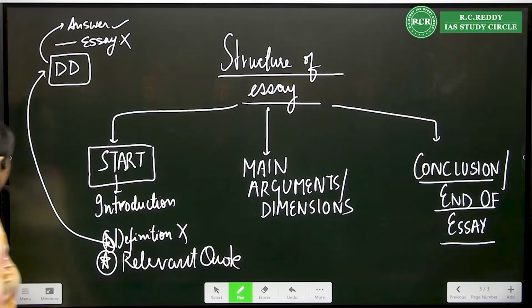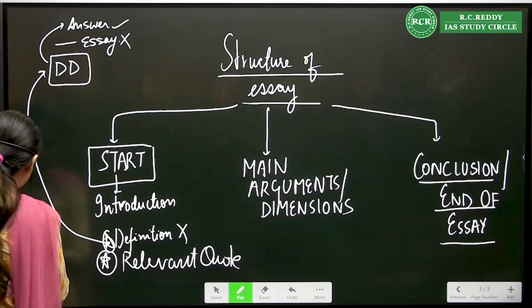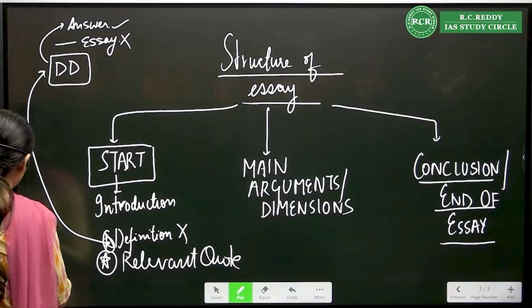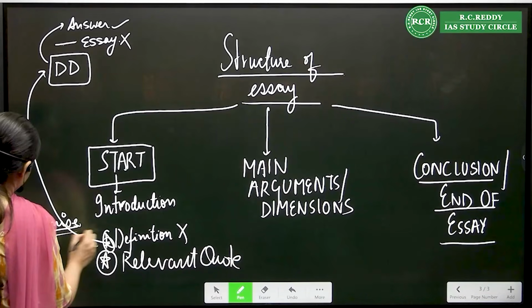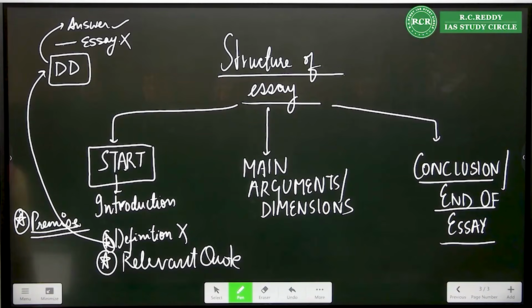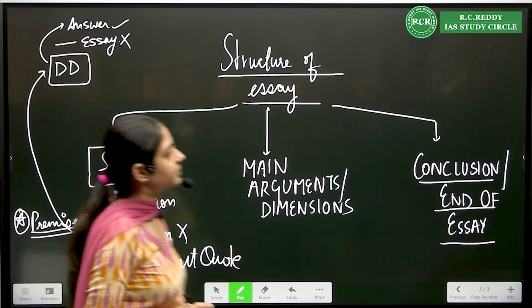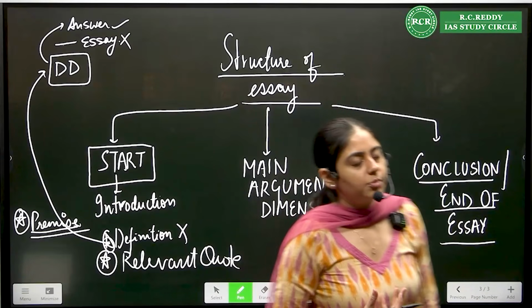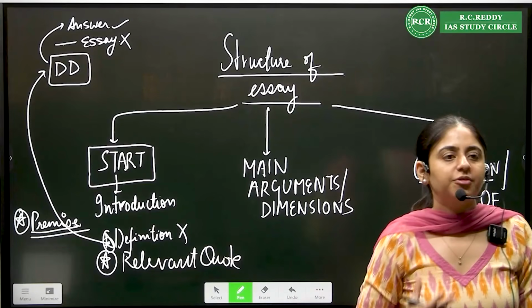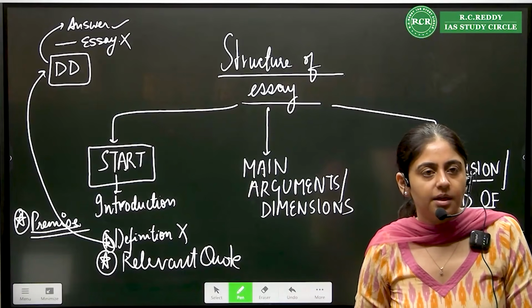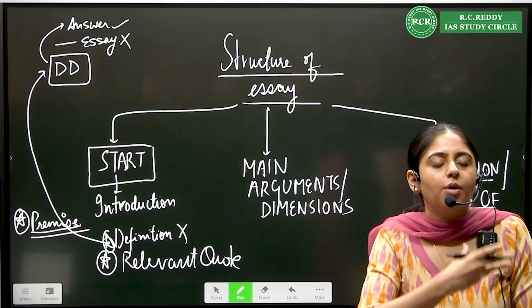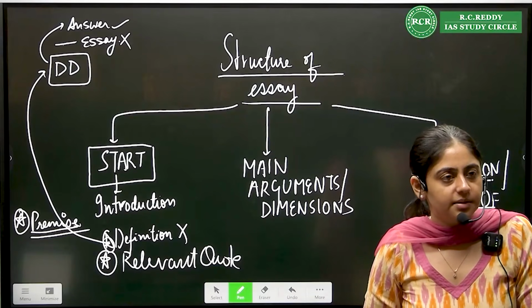Now, other than that, the other easier way would be to give certain premise. Premise means, in a lot of books you would have seen there is a preface before the book actually starts. So they give general context about the things.